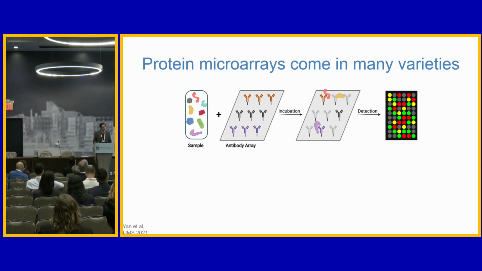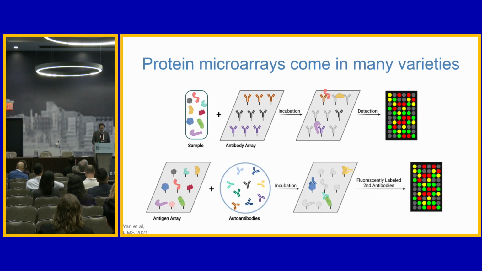There are other ways of thinking about microarrays as well, and several different groups are doing this to a degree. One way is to plot down proteins or binding reagents, antigens instead, and then try to see what binds to those antigens. One great example of this is antibody arrays. This was incredibly important for us to understand how the immune system was fighting COVID, for example. We would take the COVID spike protein, digest it or print out 11-mers or 13-mers, which would get stamped down on a slide.